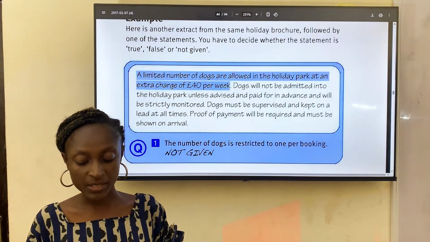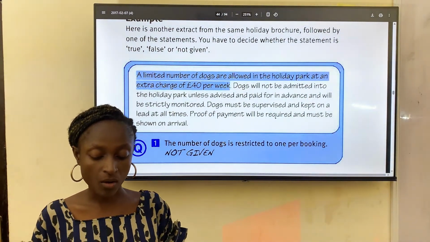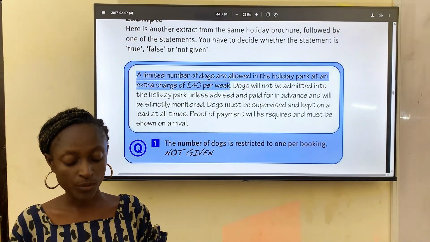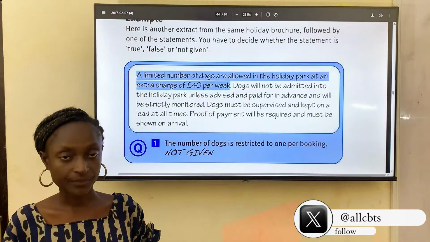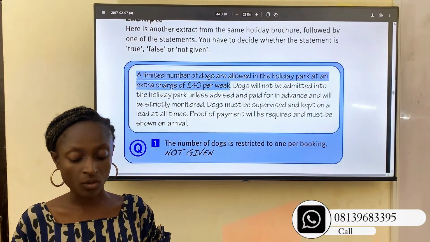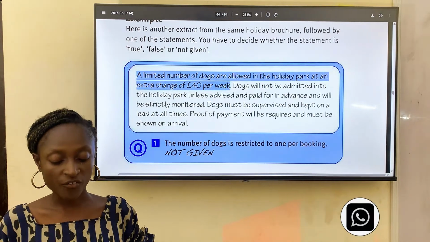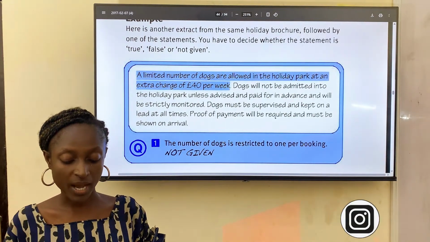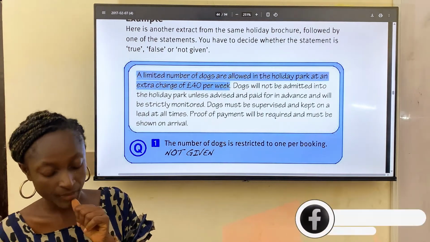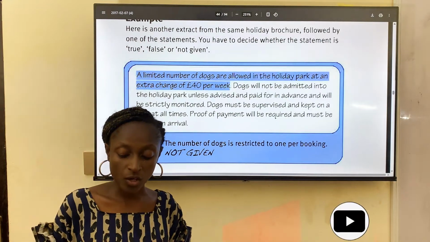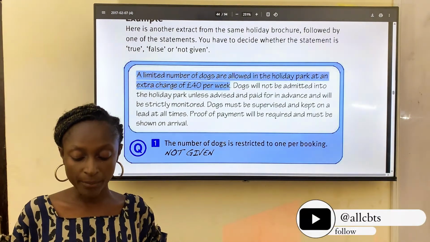Dogs will not be admitted into the holiday park unless advised and paid for in advance and will be strictly monitored. Dogs must be supervised and kept on the lead at all times. Proof of payment will be required and must be shown on arrival. Now, the question says, the number of dogs is restricted to 1 per booking.